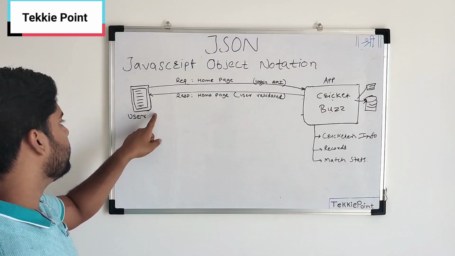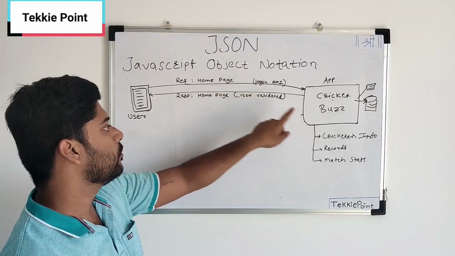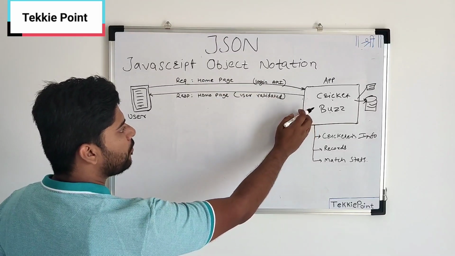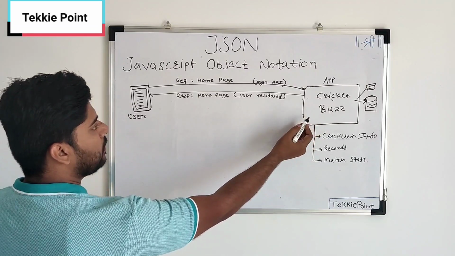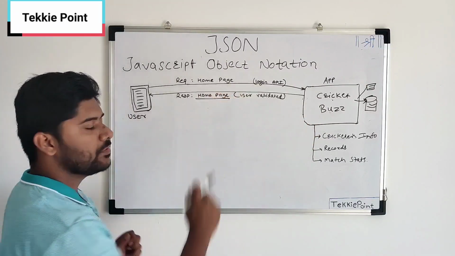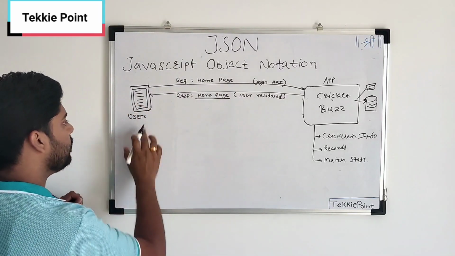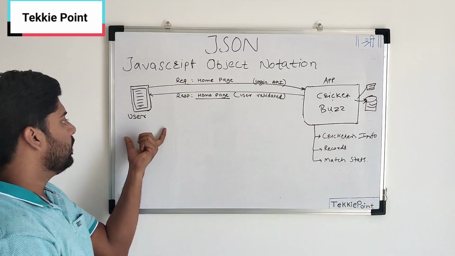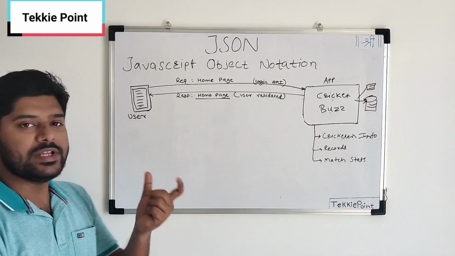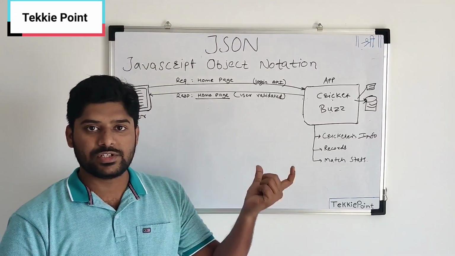So by using username and password, the user is requesting a home page from the server through the login API, and in response after validation, the server sends the home page, saying the user is successfully validated. In the next step, if a user wants to know the cricketer's information, the user needs to pass some unique field, maybe a name or a jersey number, right?